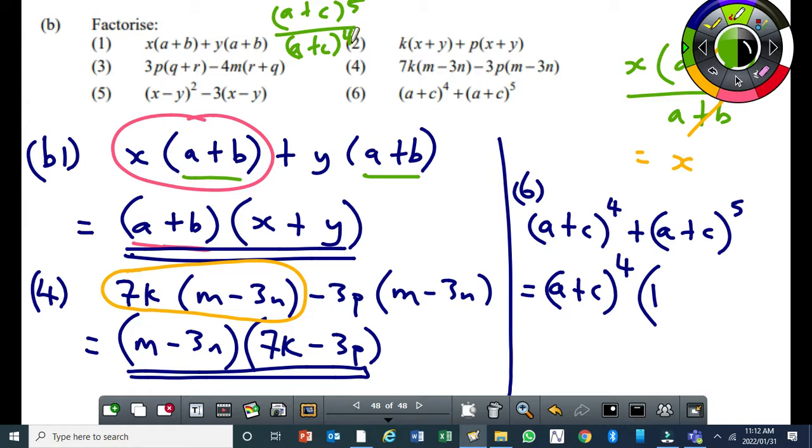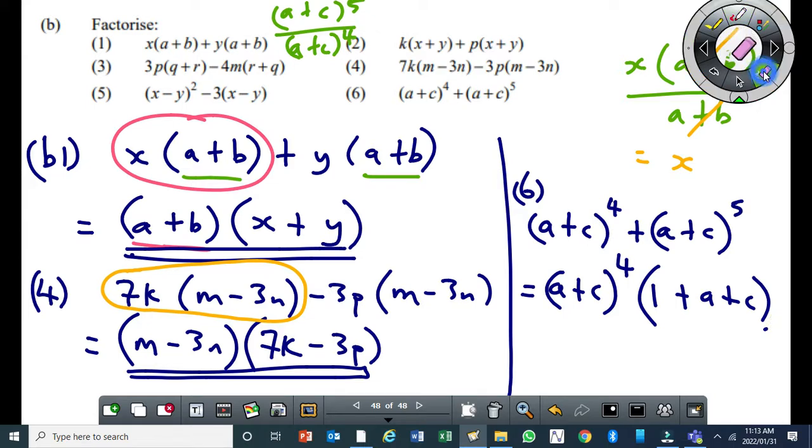It will be a plus c to the power of 1, which is the same as a plus c. So inside the bracket, you can write here a plus c. Well, you don't have to put the a plus c in brackets. It's not that important. Okay? You don't have to. But well, let me put it in brackets.